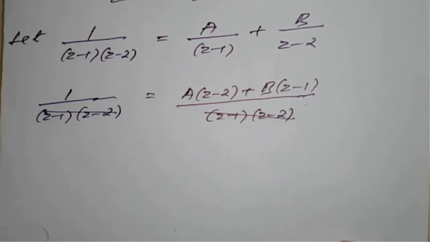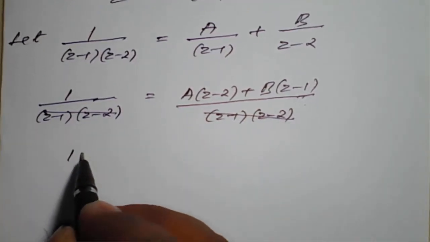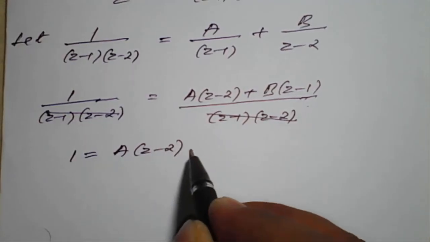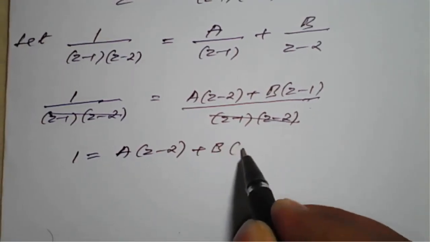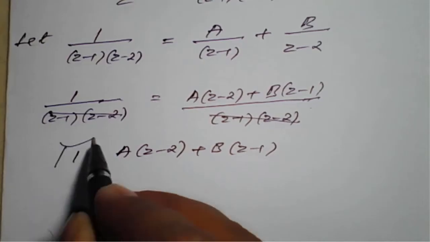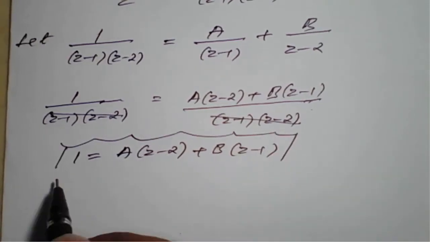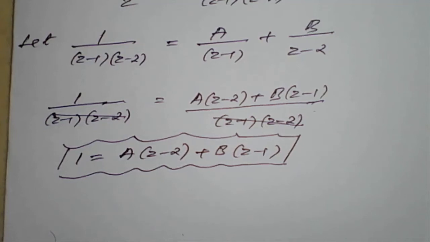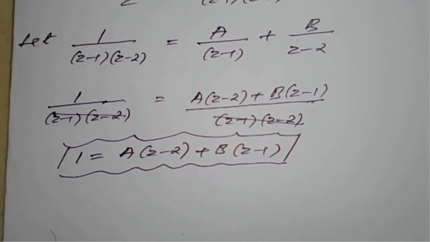Therefore we get 1 is equal to a into (z minus 2) plus b into (z minus 1). So from this equation we can get the values of the constants a and b.